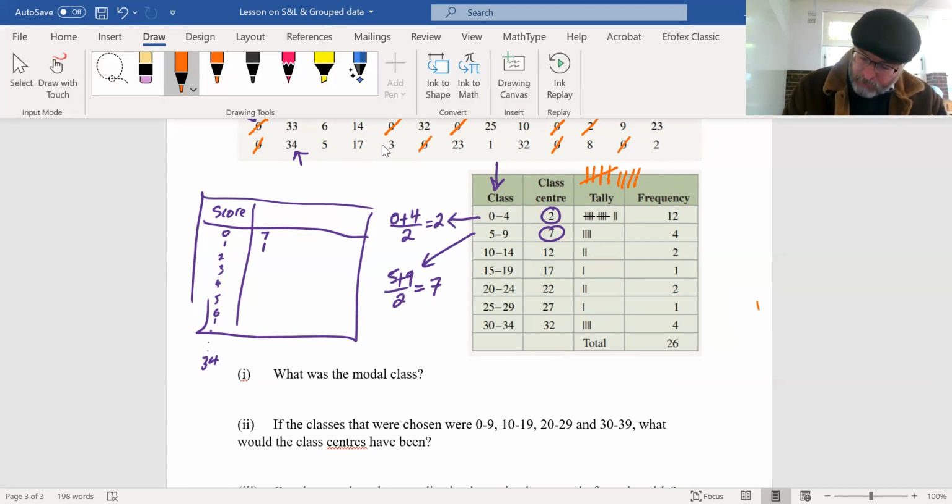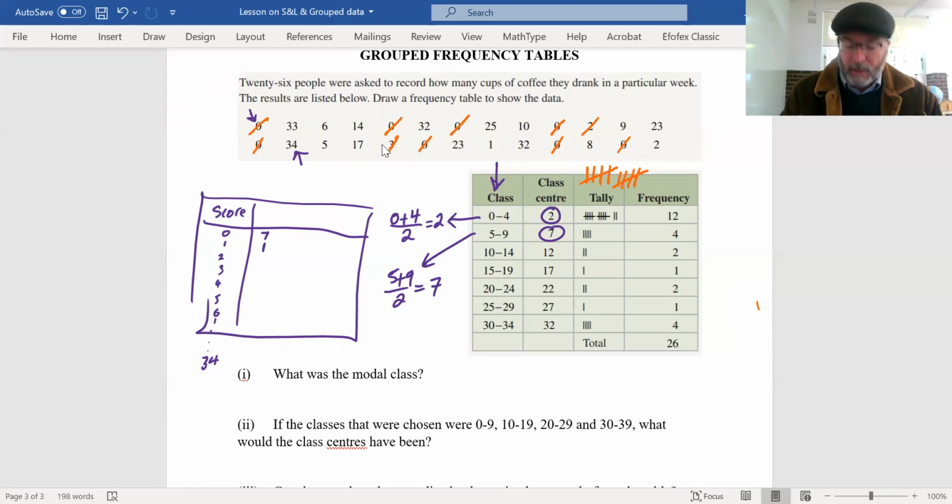And the 3. Now that will make another grouping of 5. And the 1. And the other 2. So you can see that there's a grouping of 5, a grouping of 5, a grouping of 2. 5 and 5 and 2 is 12, and that's why the actual frequency as a number is 12. But you tally so you can make sure you get the stuff in the table correctly.